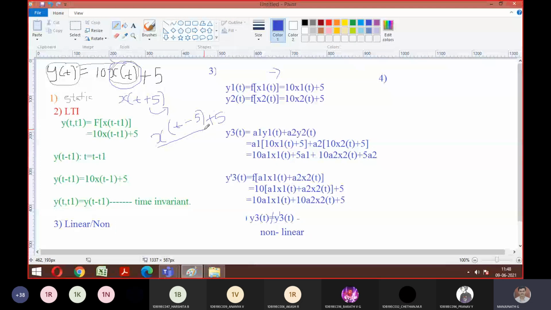I hope you remember what we learned with respect to causal, non-causal, yes or no? So n minus 5, n plus 5. What's the answer? You told the reverse answer. Read the statement once more and tell me. Don't make confusion. X of t is present, x of t minus 5 is past.